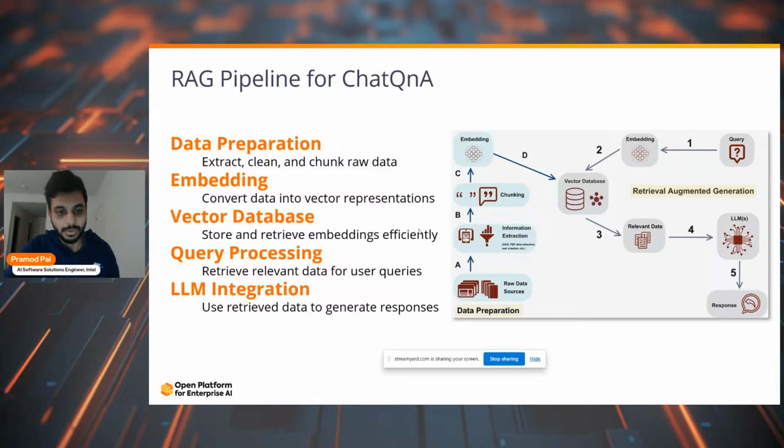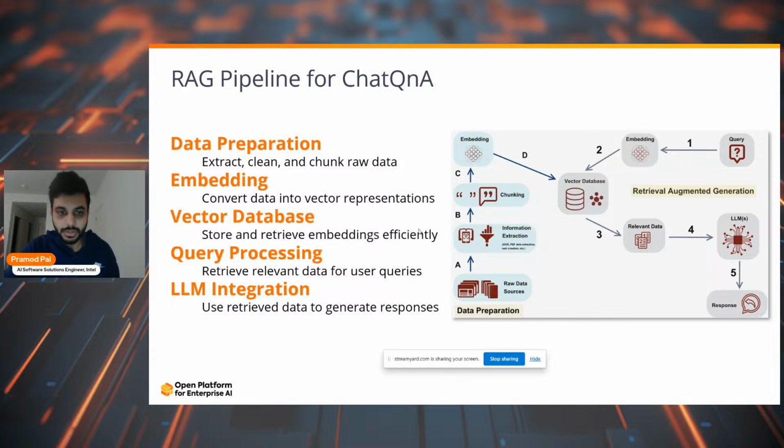Let's break down these components. You start off with data preparation, the raw data. This would be your document store from which you want the LLMs to answer. This data is cleaned, organized, and chunked into manageable pieces for further processing. Then you have the embedding, which converts the data into vector representations and puts it in a database for the retriever to pick from in the next stage.